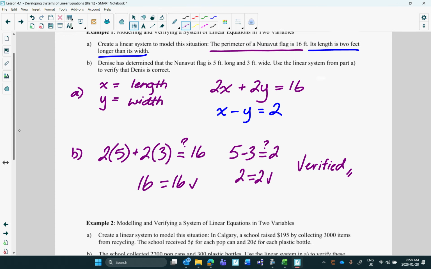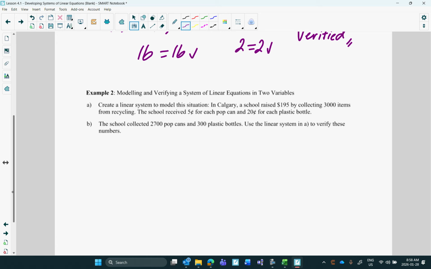Try one more. A school in Calgary raised $195 by collecting 3,000 items from recycling. The school received 5 cents for each pop can, 20 cents for each plastic bottle.